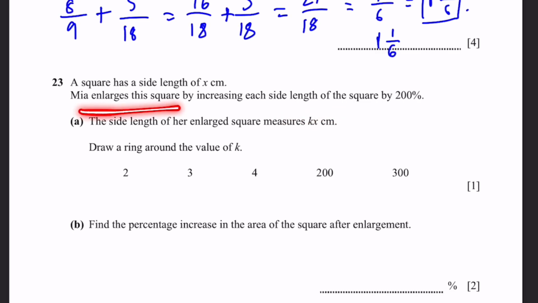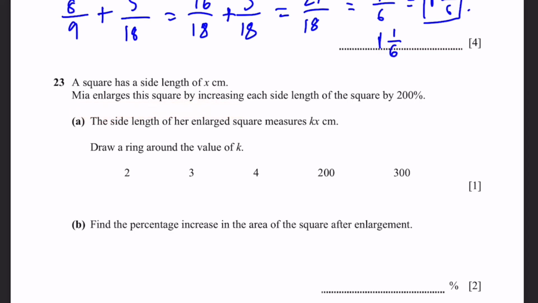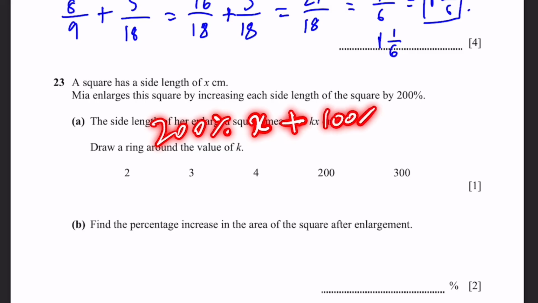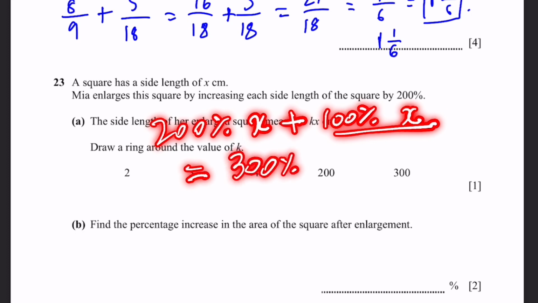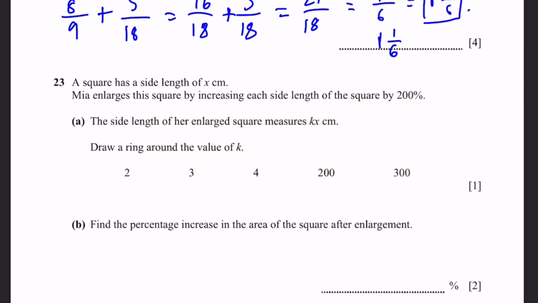Well, if Mia enlarges the square by increasing each side length by 200%, that means the total side length will be 200% of x plus 100% of x, which is the original x. So that'll be 300% of x, which is 3x. So if the side length of the enlarged square is kx, k will be equal to 3.